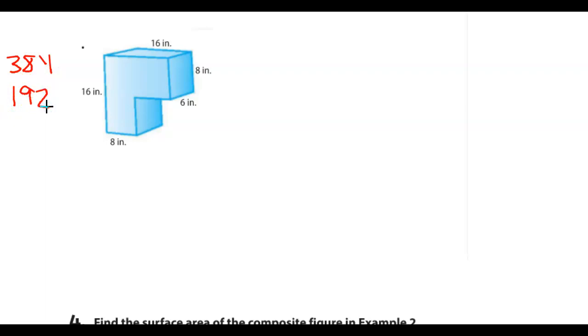Okay, so now what I need to do is find the area of this section right here, the front here, and that's just going to be 6 times 8, which gives me 48.